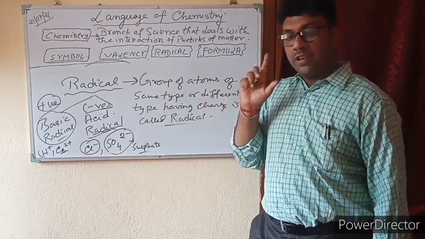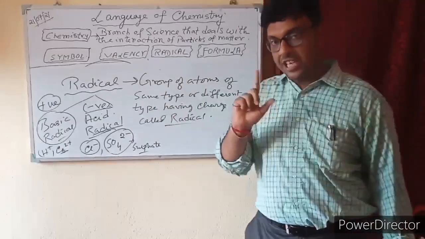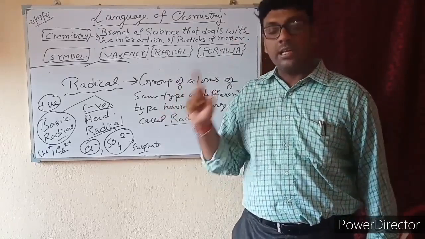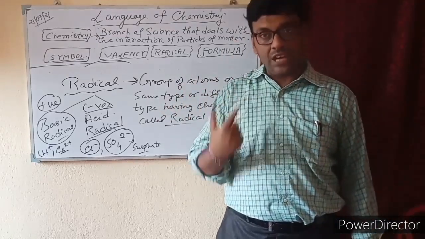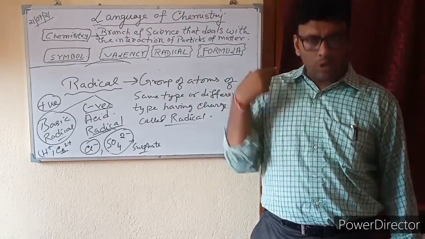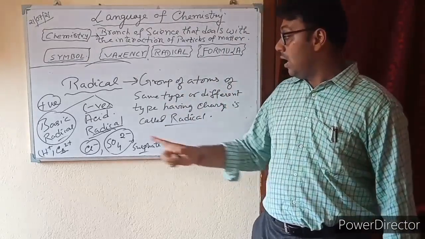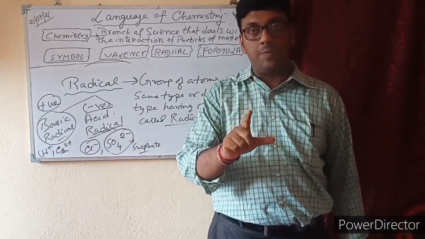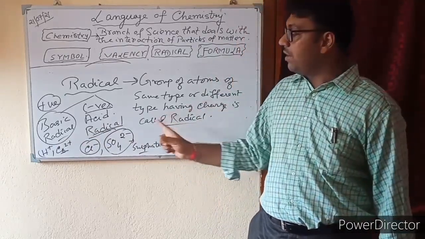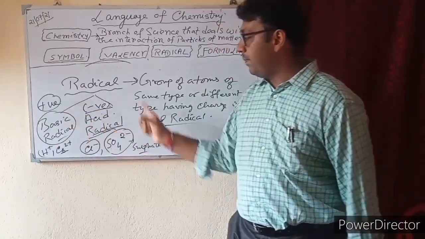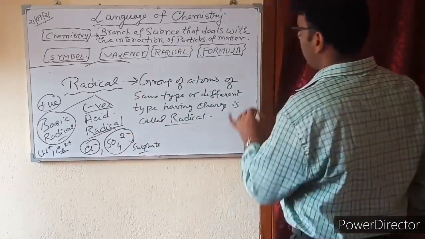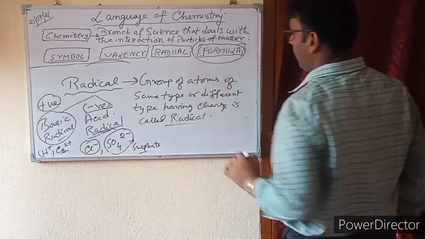This also you will get details in your book, the table, the chart is there where you will get that it is monovalent, divalent, trivalent, tetravalent and more than 4, that means polyvalent, that is either basic radical or acid radical. In your book there is a table and you will go through the table, you will get all about the basic radical and acid radical.